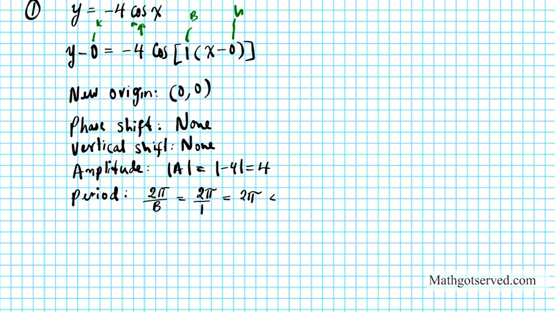And that's going side to side. It also tells me that 4 ticks equals 2 pi. When we're calibrating our x-axis, we'll use this piece of information. Now, the frequency is the reciprocal of the period, which is b over 2 pi, so it's going to be 1 over 2 pi. And let's not forget that our amplitude goes up and down.